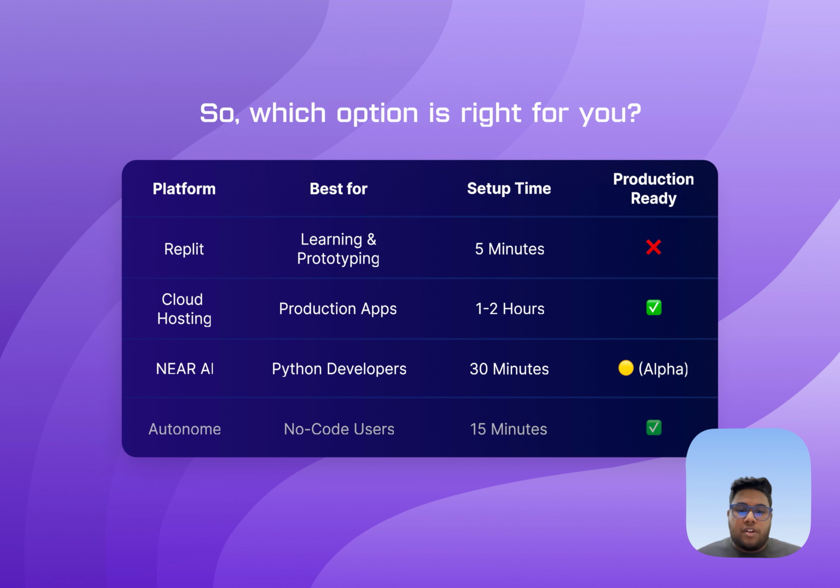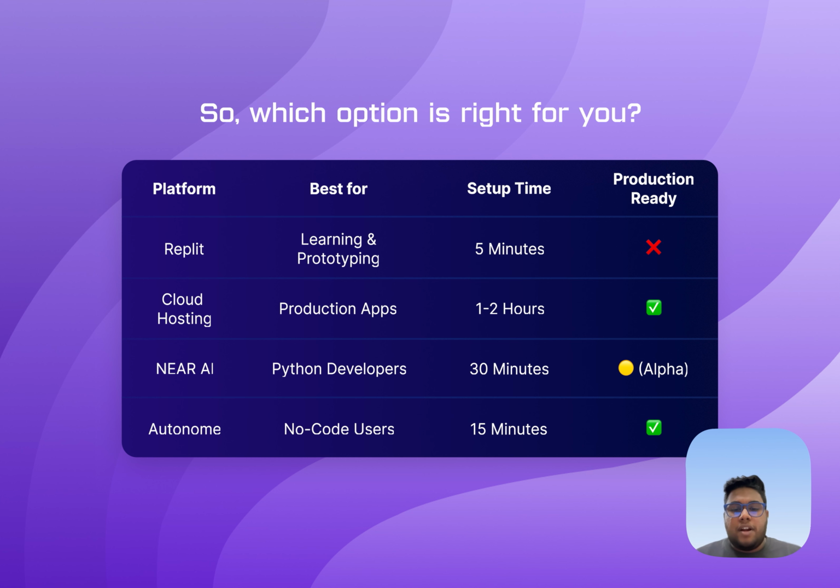Apart from that, we have Autonom, which is best for no code users out there. For all of the users who don't have much knowledge about how the code works or how TypeScript works or how Python works, Autonom is best for you as it provides a fully no code platform for AI agents, and you can deploy any kind of AI agents out there without writing a single line of code. Setup time takes around 15 minutes.